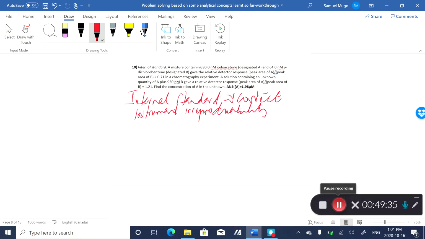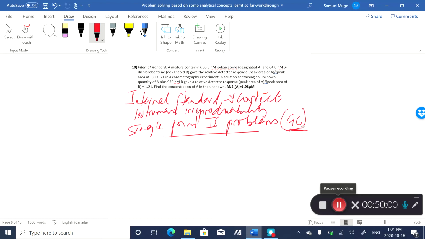And so the question is, how do you solve this single point internal standard problem? You guys have already done this kind of problem with the GC lab. It was an internal standard problem, but of course with the GC lab it was multi-point calibration.